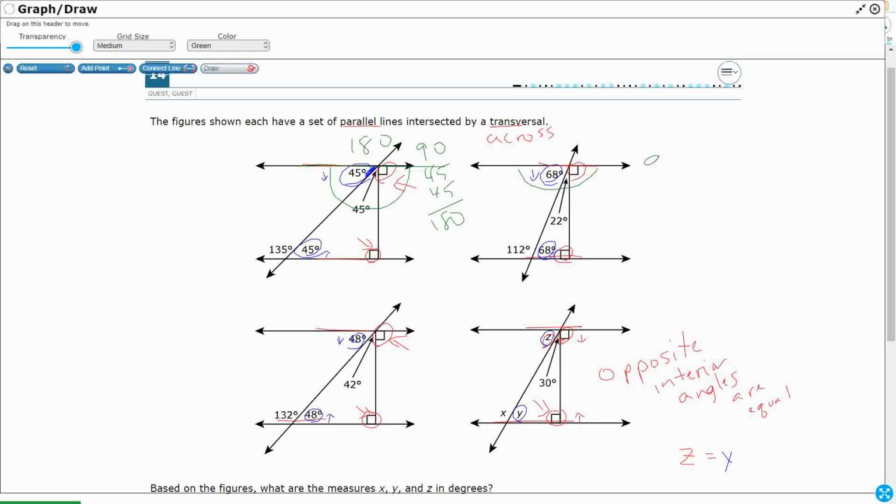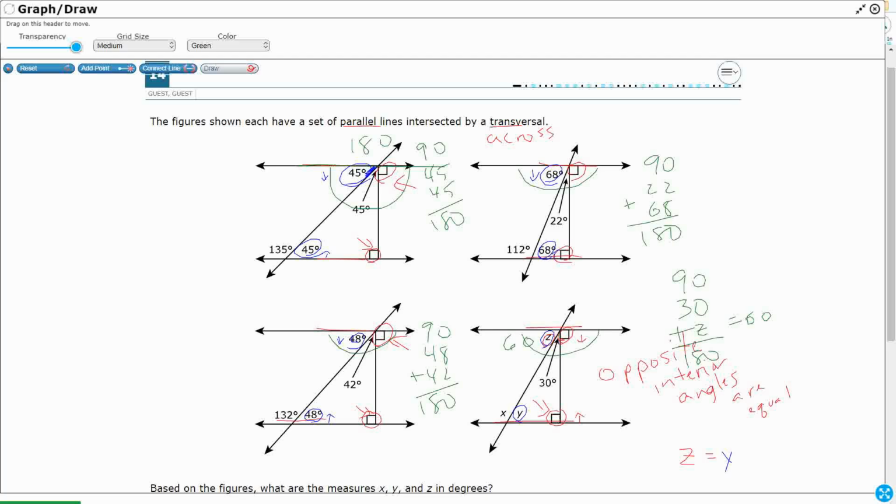That's going to be 90 plus 22 plus 68, which equals 180. Same with this: 90, 48, 42, 180. So take a look at this. 90 and 30 and z equals 180. So what's that going to have to be? z is going to have to be 60.